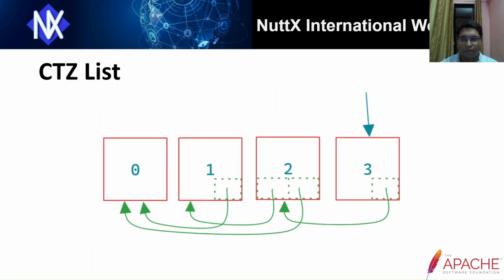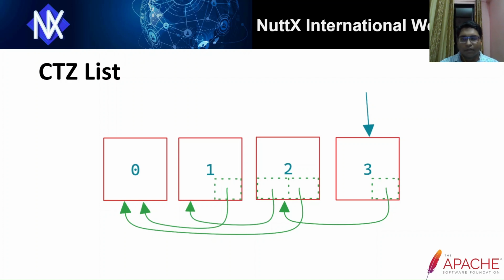Now, let's take a look at what a CTZ list is. So CTZ lists are basically reverse skip lists with each node, say X, having CTZ(X) plus one number of pointers. For example, the node 2 has two pointers because CTZ(2) plus 1 is 2.